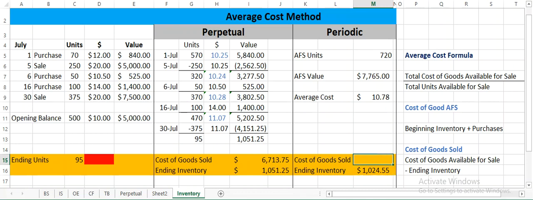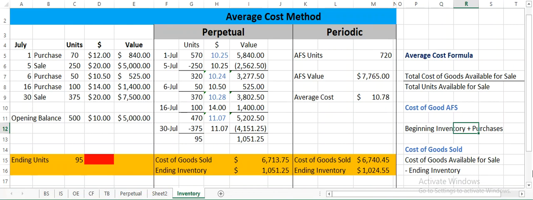Our cost of goods sold is equal to our available for sale value minus our ending inventory, which gives us $6,740.45. Compared to the perpetual method, again, it's similar, and it's not that far off.